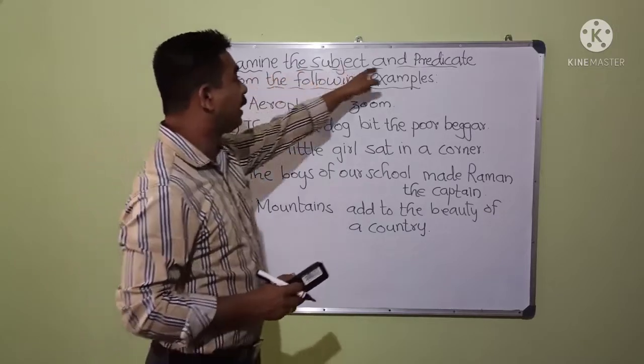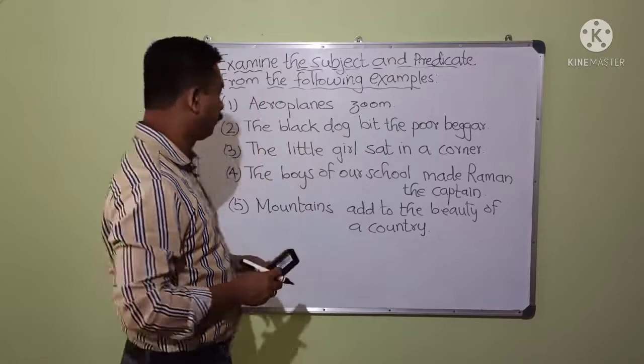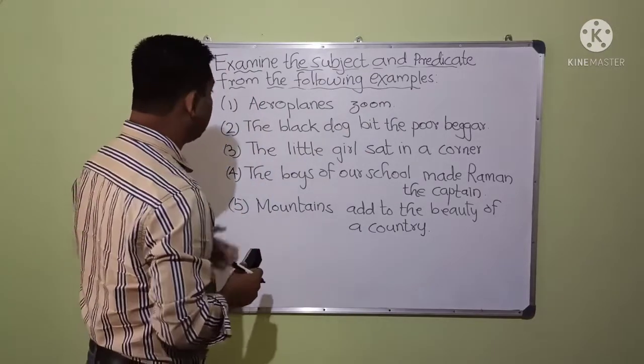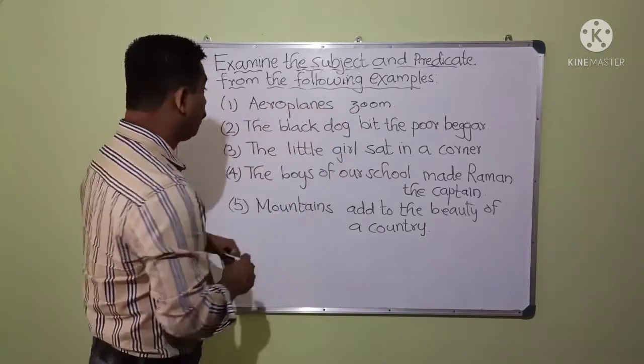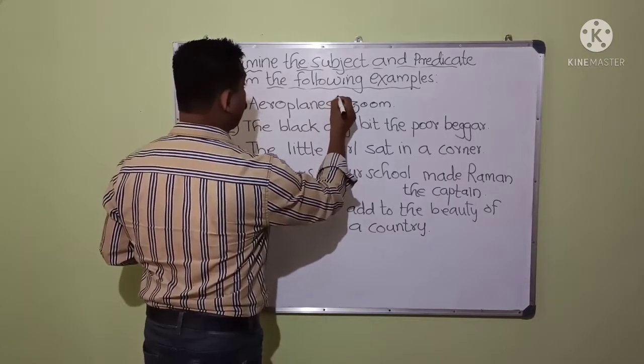Examine the subject and predicate from the following examples. Here we have 5 examples. The first one is aeroplanes zoom. No doubt the sentence says about the aeroplane.